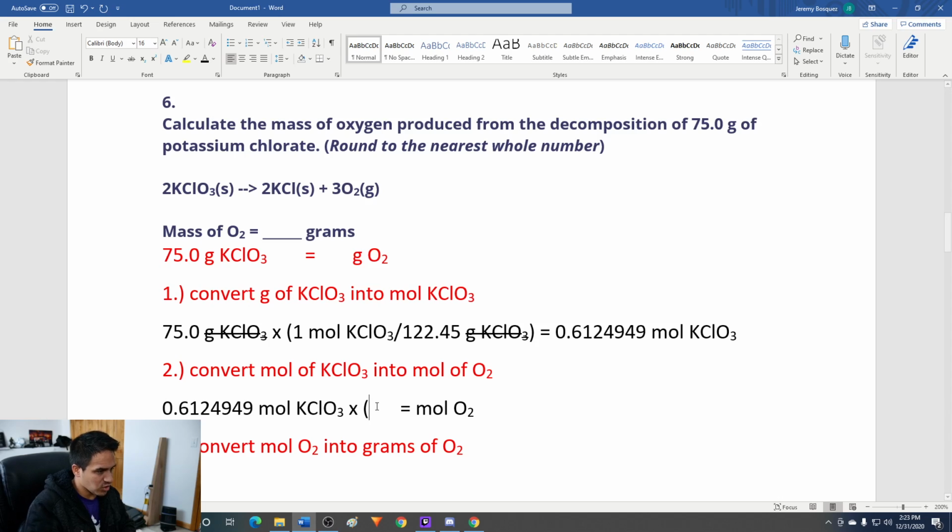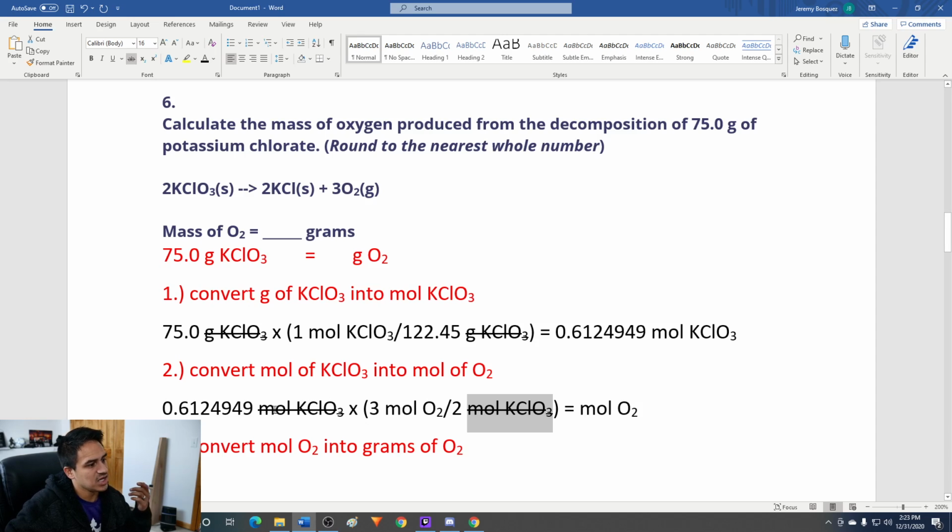So for every 2 moles of KClO3, we are going to make 3 moles of O2. Again, I'm setting up my conversions so that moles of KClO3, which is what we're starting with, is on the bottom of the fraction, so it cancels.